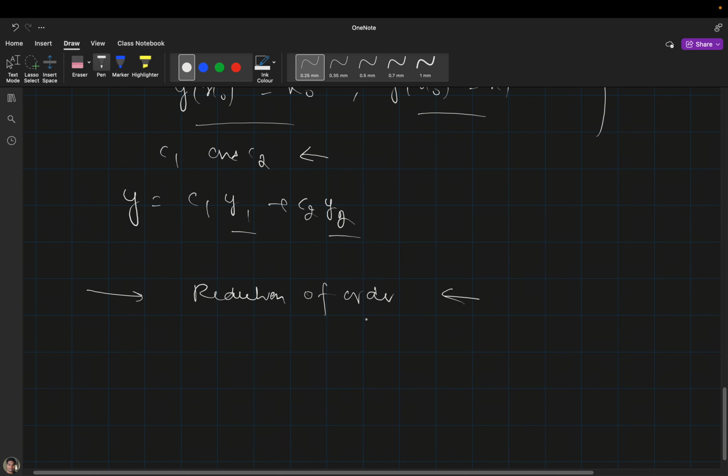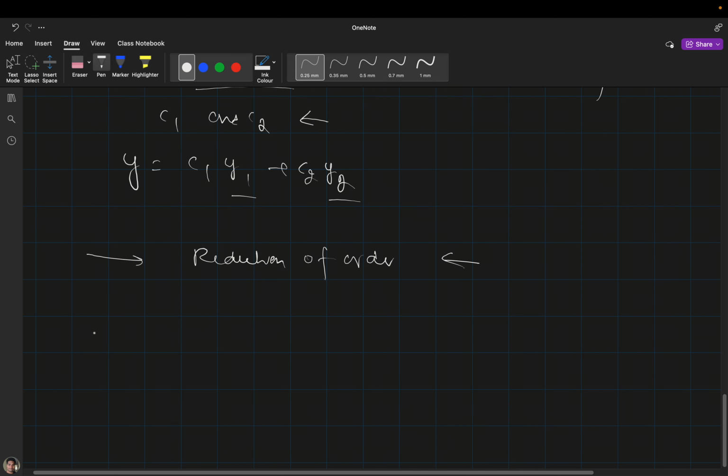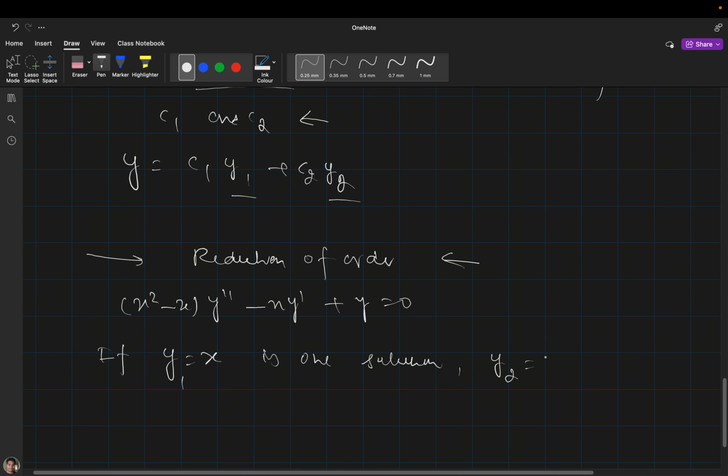For example, suppose you have one differential equation like this: (x square minus x) y double dash minus x y dash plus y equal to 0. This is one differential equation, and I already know that y1 equal to x is one solution. Now I want to determine what is y2.